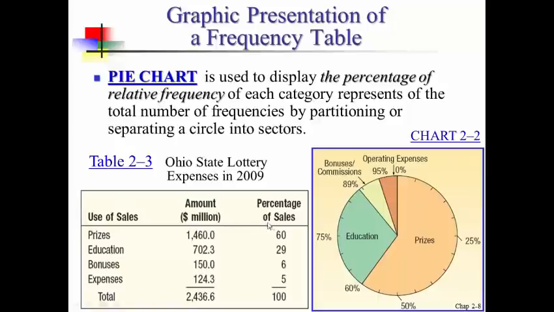But if you extend the other column as a percentage, we call it a relative frequency table. Maybe I'm not explaining again why we get 60, 29, 6, and 5. Based on this relative frequency or percentage, we can draw a pie chart.